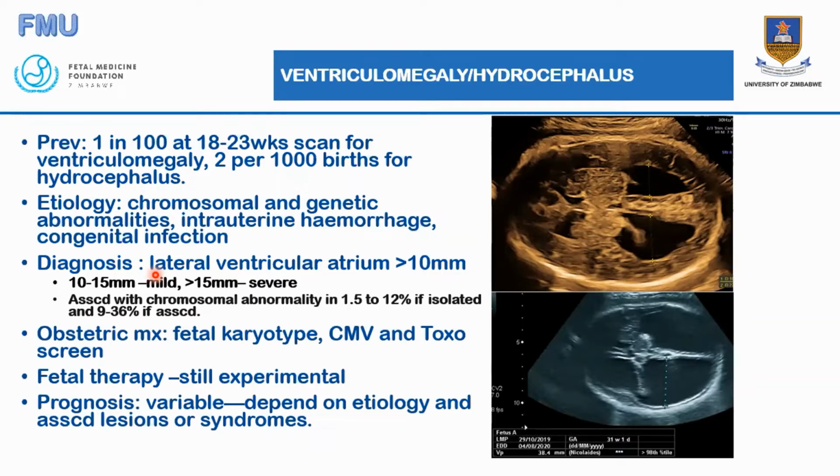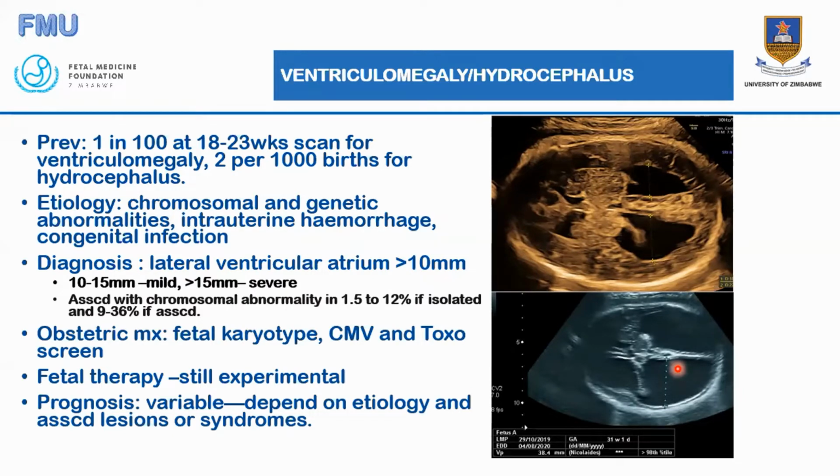But if it is severe, like in this case, then we know that the perinatal neonatal handicap is around 50%, with severe mental and neurological handicap for these babies.